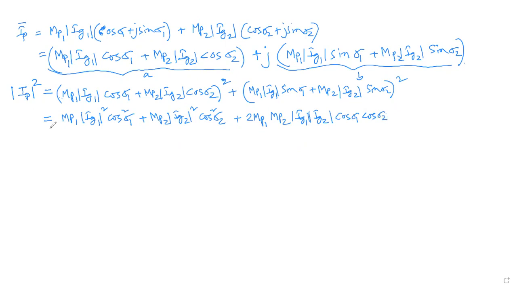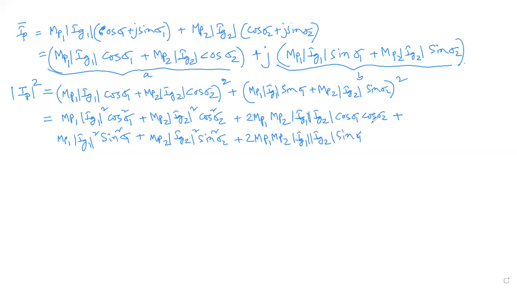And for the second part, we have MP1 squared IG1 squared sine squared sigma 1 plus MP2 squared IG2 squared sine squared sigma 2 plus 2 MP1 MP2 IG1 IG2 sine sigma 1 sine sigma 2.